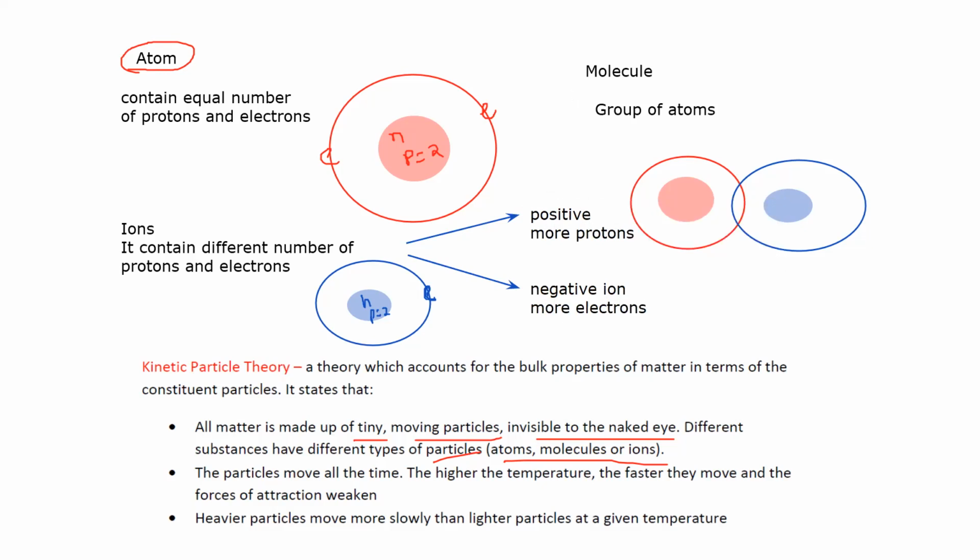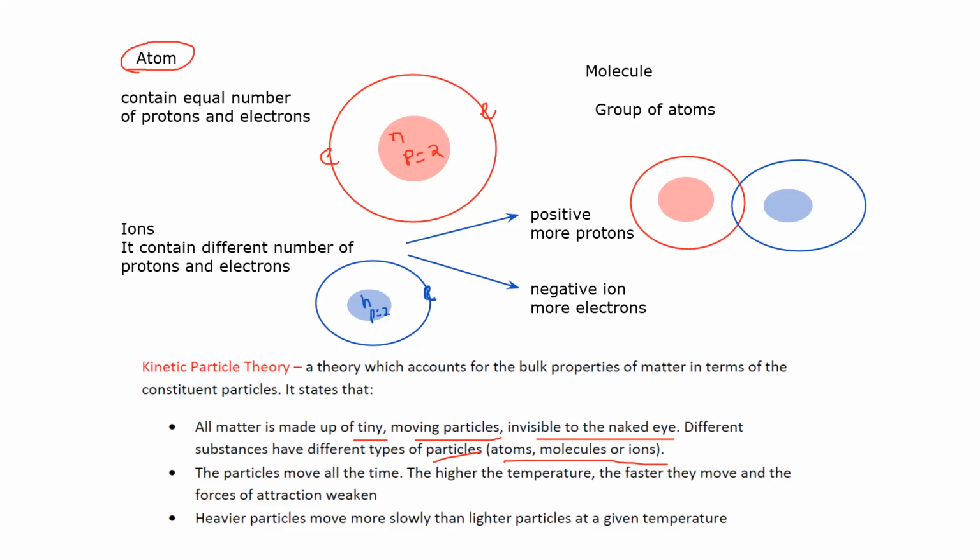So a matter may have atoms, molecules, or ions. If it has an equal number of protons and electrons, we say it has atoms. If it has a group of atoms joined together, we say this matter is made up of molecules. And if there are particles with different numbers of protons and electrons, we say this matter consists of ions.